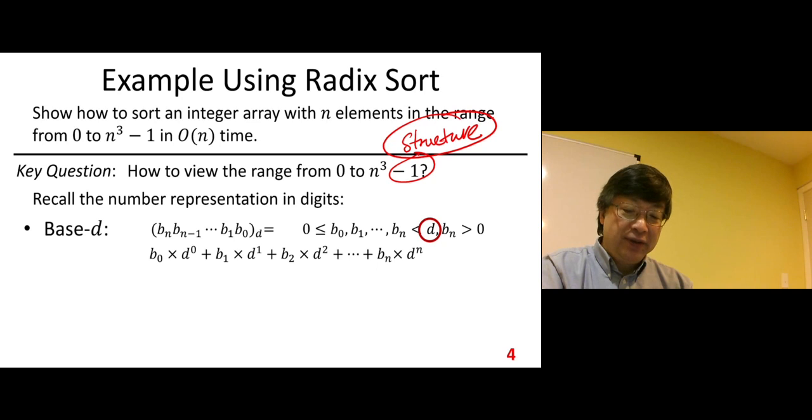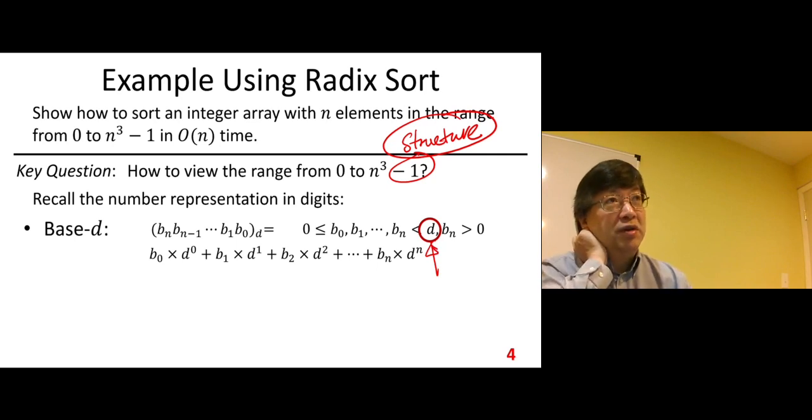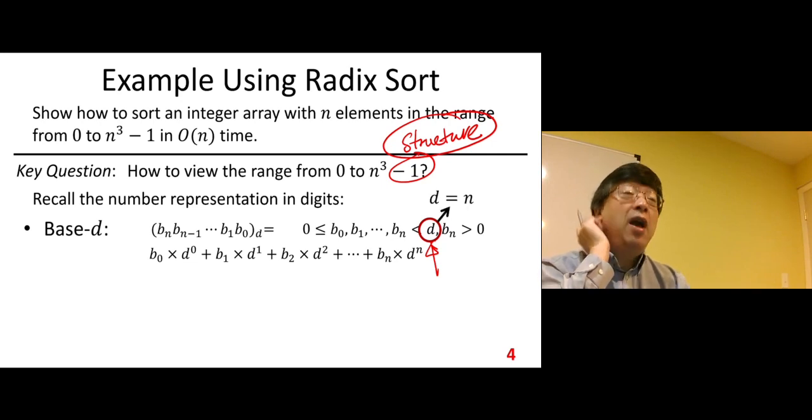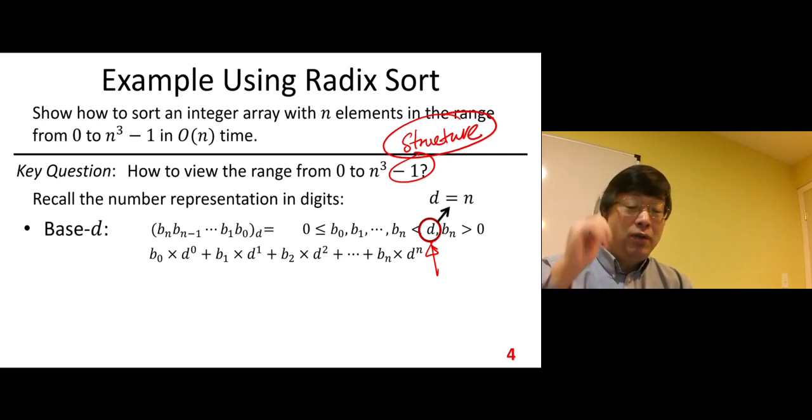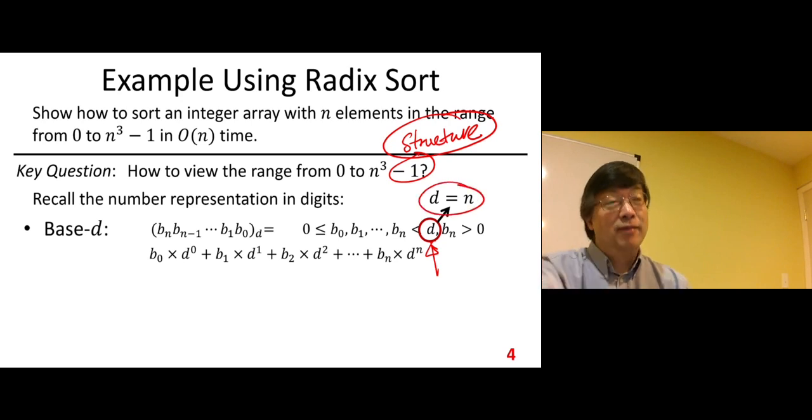Here, this D, the general digit base, can be any positive integer. Any positive integer can be used as a base D. So can we choose a special D equals n? We choose D equals n. How about that? That very special case.